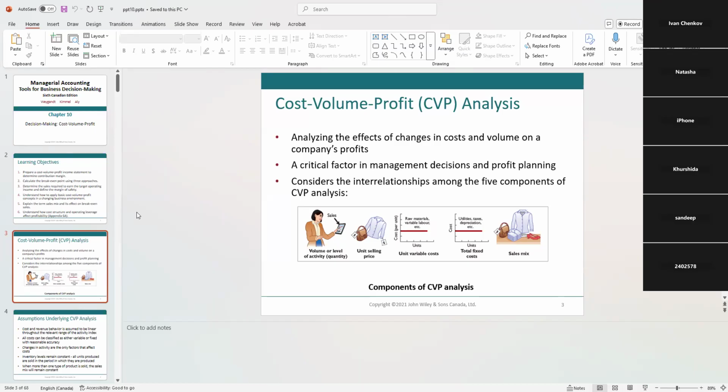And the last thing that we're going to consider is what if we have a sales mix? What if we don't sell one unit, one product? What if we sell more than one product? How are we going to deal with that situation, and how are we going to interpret sales versus the cost and how that affects the profit?